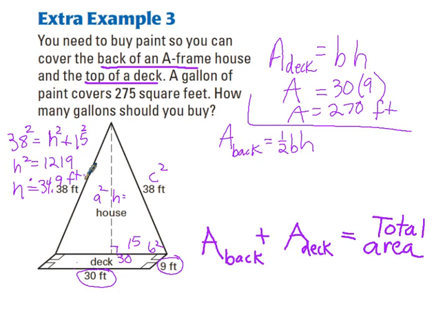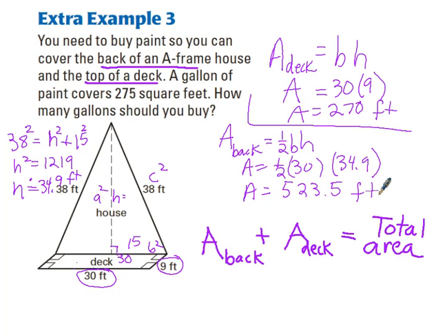We're going to say the back area is 1/2 the base, which is 30, times the height, which is approximately 34.9. When you multiply that out and divide by 2, you have 523.5 feet.